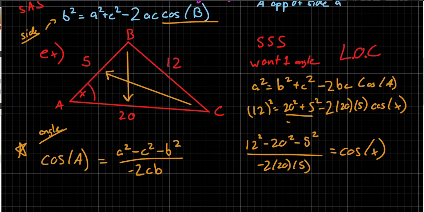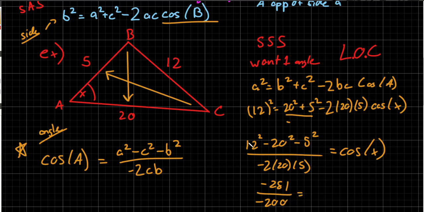In the bottom. Negative 2, negative 1. Negative 2. That doesn't make sense. That should have been right. Yes, I told you. Negative 281. 281 over negative 2 times 20 times 5. Yeah, should have been the top over negative 200.